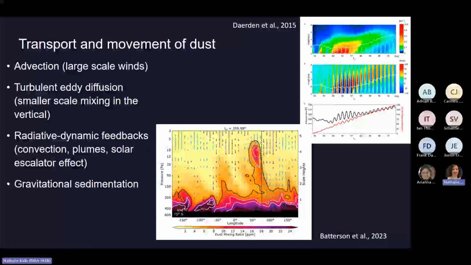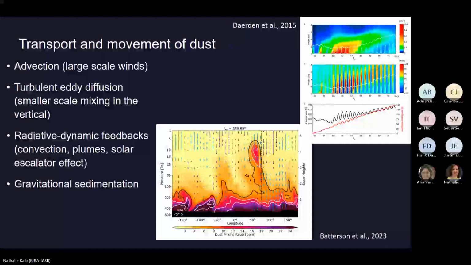You can also have this kind of slow, this is modeling results from the Phoenix modeling scenario, based on Phoenix, which landed at 66 North in the spring, summer. If you think about 66 North in the spring, summer, the polar cap is receding. So you get these thermal contrasts, and you get little dust storms happening because you've got this thermal contrast.